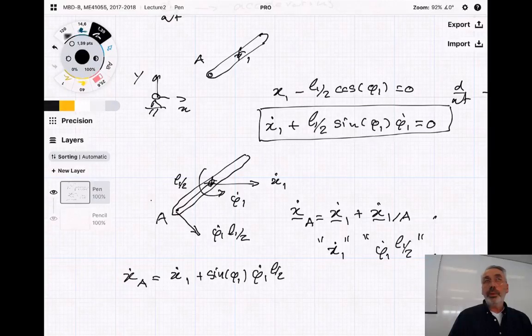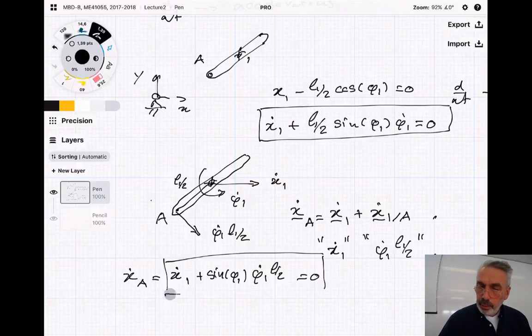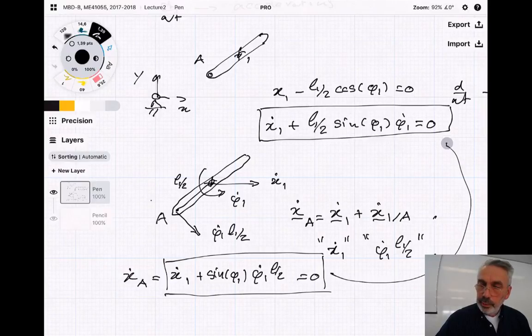So that is the horizontal velocity, and of course that should be 0, because that is the support. The support shouldn't move. And does this comply with our derivative here? It's totally identical, so yeah, I'm happy with the answer.